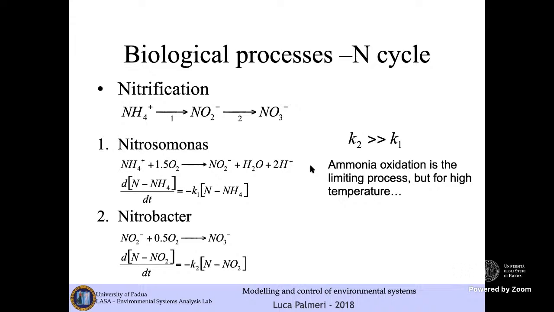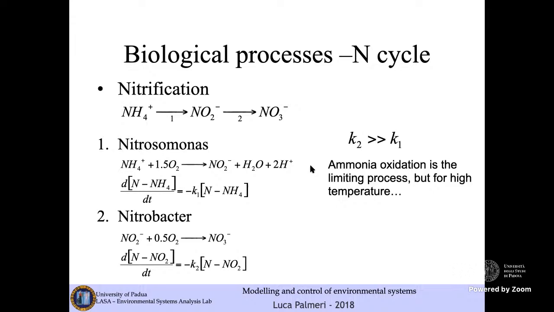There is a high dependence of the constants K1 and K2 on the temperature. The important point is that the limiting process is the first one, K1, because K2 is much bigger.